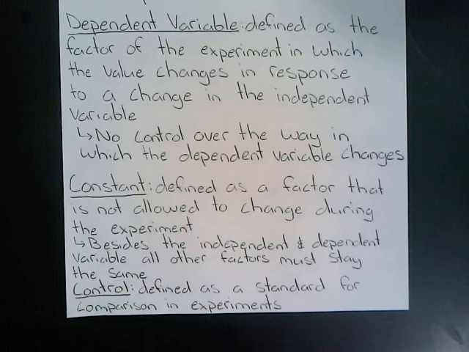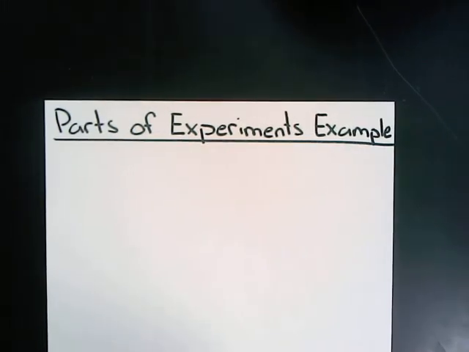Now, let's use these different parts of the experiments in an example. Our example here is going to be an experiment in which the goal is to test the hypothesis that table salt dissolves faster in hot water than in water at room temperature.